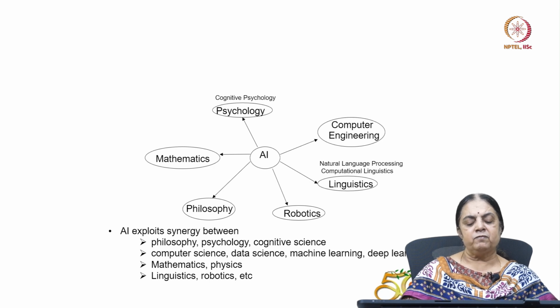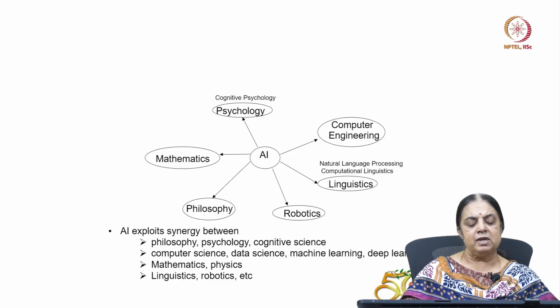And then you have subjects like philosophy, psychology, cognitive science. These are another important set of subjects. Another is mathematics, physics, etc. Mathematics, of course, covers things like logic and reasoning.